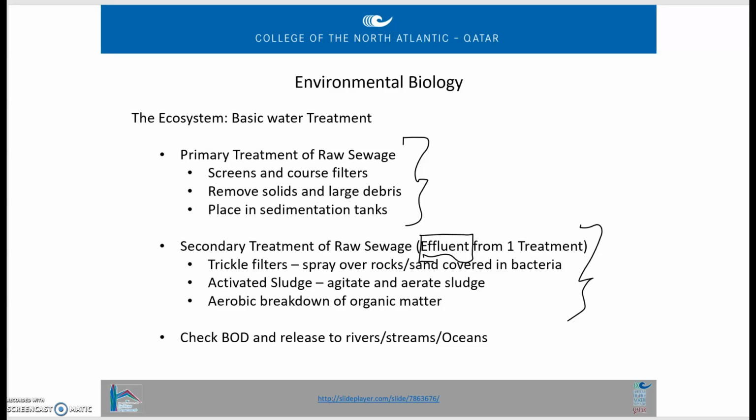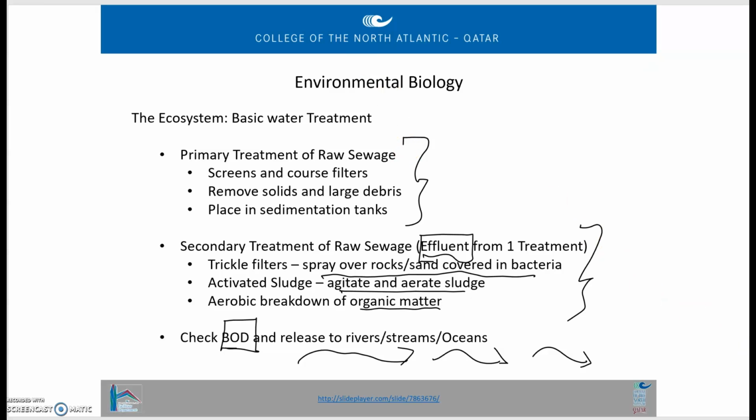So very often we use bacteria in these treatments to get rid of this organic matter, the sludge, and other bacteria that's present in this effluent. At the end of primary and secondary treatment, we look at the biological oxygen demand, and if the BOD is within certain levels, then this can be released into rivers, streams, and oceans, and it will be diluted, and it'll become less and less concentrated, and it won't impact the environment.